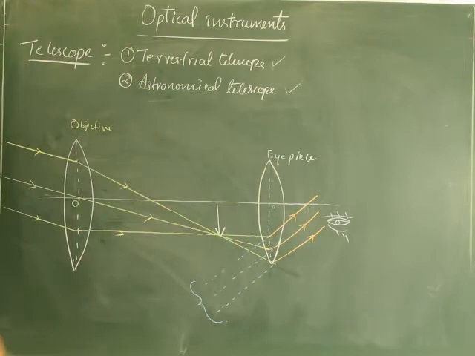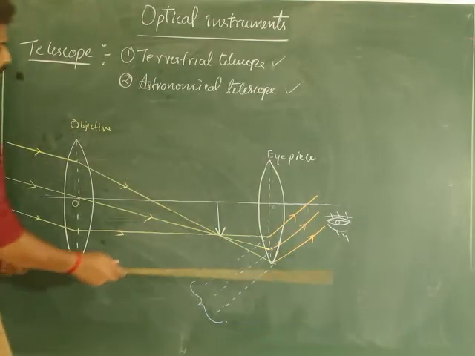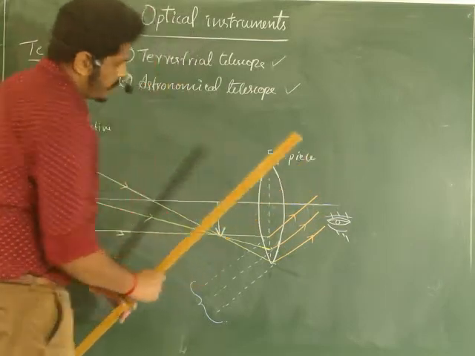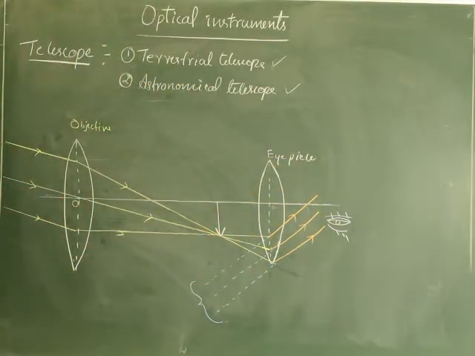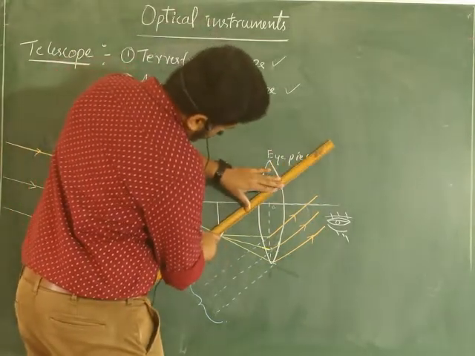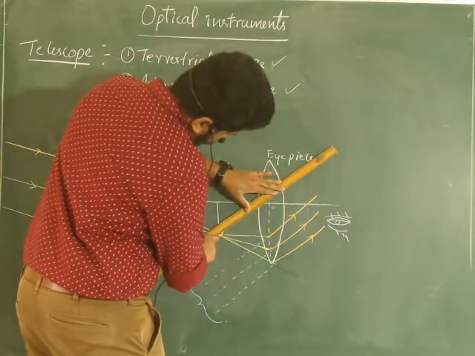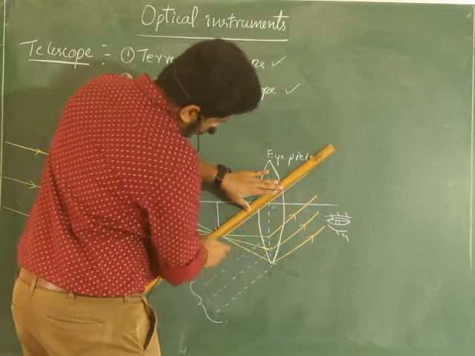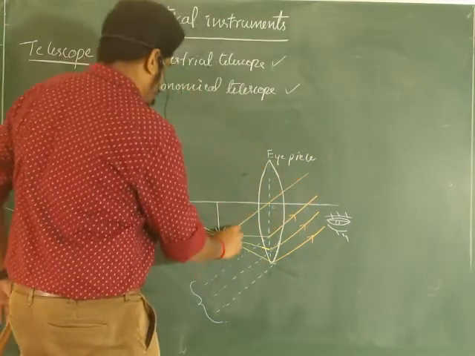Okay, thereafter I will take a ray of light from this particular point, in order to make an arrangement. One more ray of light I will take. You can see here all these are parallel to each other, correct? See, like this.